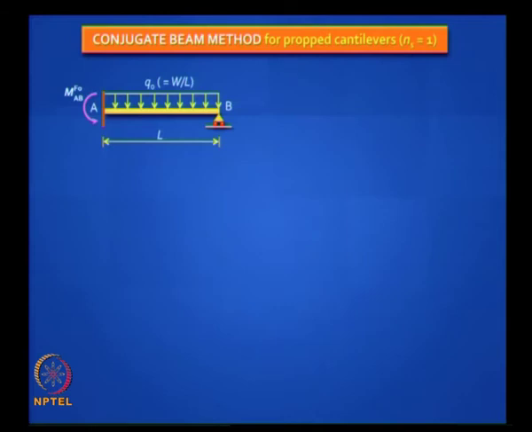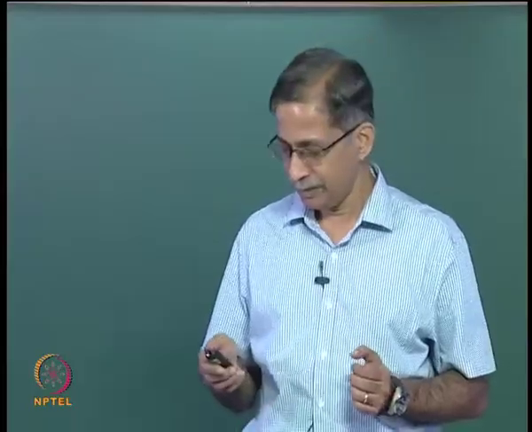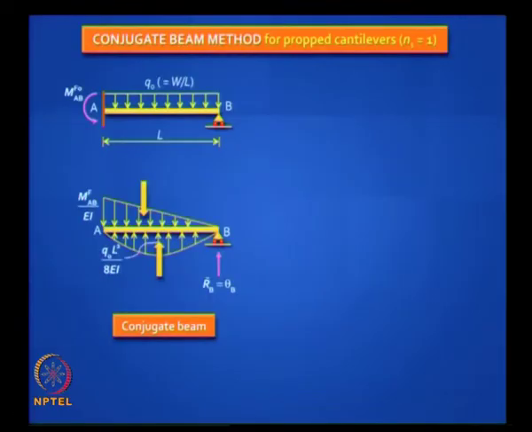You will find that we are using not MFAB here, but we are putting a small knot there, MF naught AB, to remind ourselves that the far end B is a hinge. That small round that you see there is a reminder, and this also can be done in exactly the same way.